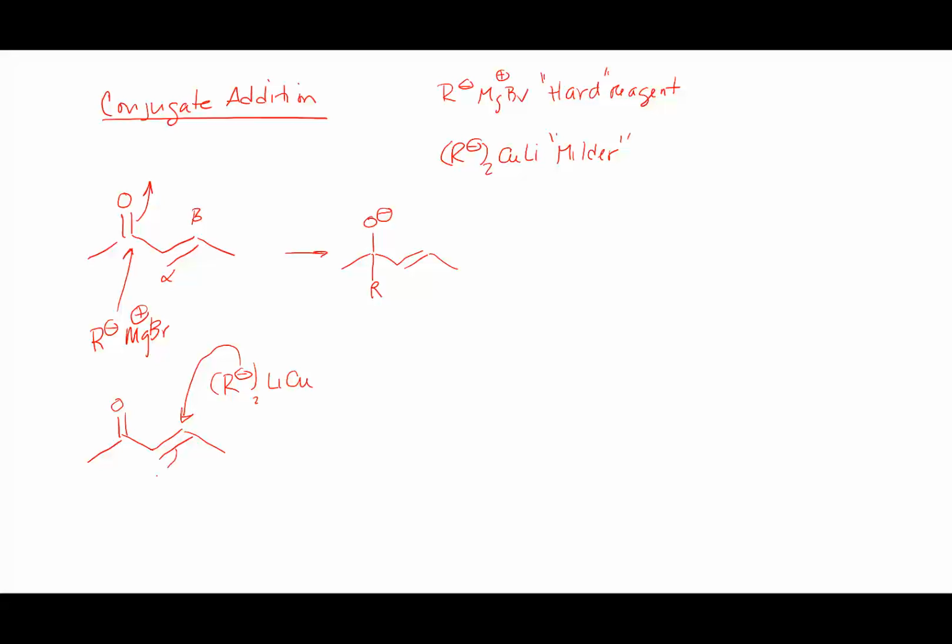This pair of electrons will move, and the carbon-oxygen double bond pair of electrons will move up to the O. Now, you could think of this, I'm going to number it this way, 1, 2, 3, and 4. You can kind of think of this as 1,4 addition.